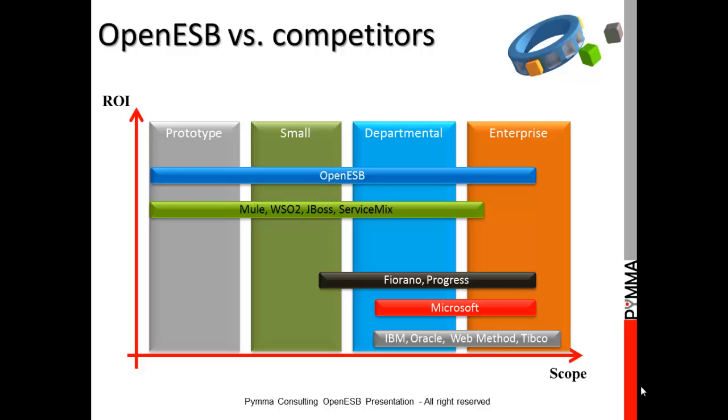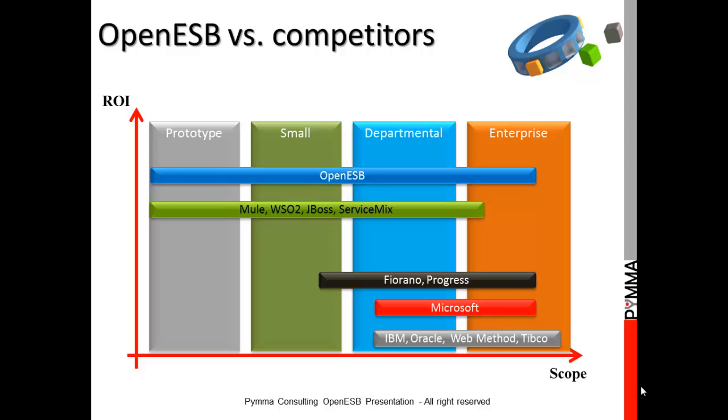Okay, now let's take a few moments to talk about OpenESB and its competitors. There are two competitor groups. The first group is the large editors' ESB, like IBM, Oracle, WebMethods, TIBCO, and so on.